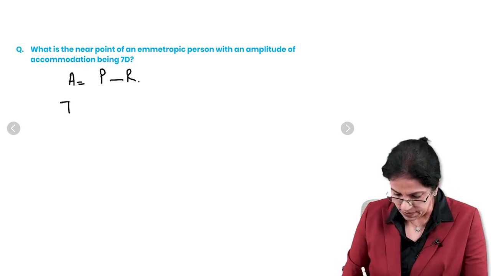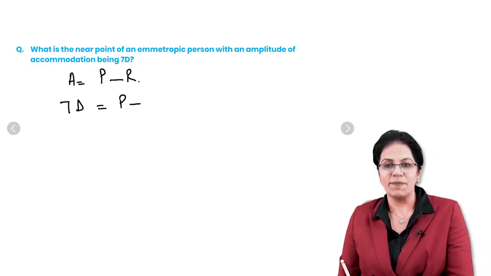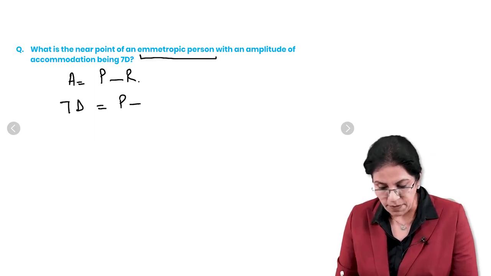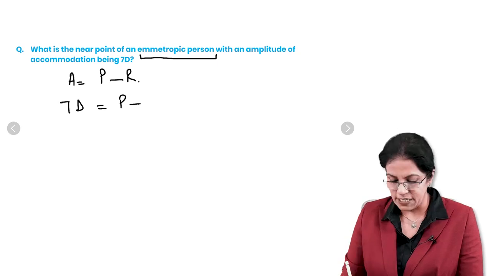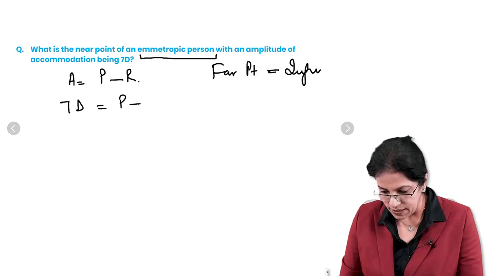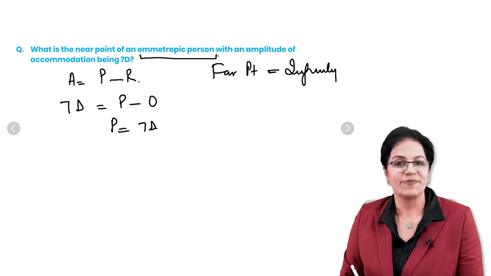So 7 diopters is equal to power at near minus the power at the far. He is emmetropic. What is the far point of an emmetropic? Infinity. Because the far point is infinity, power is 0. So the near point power is equal to 7 diopters.